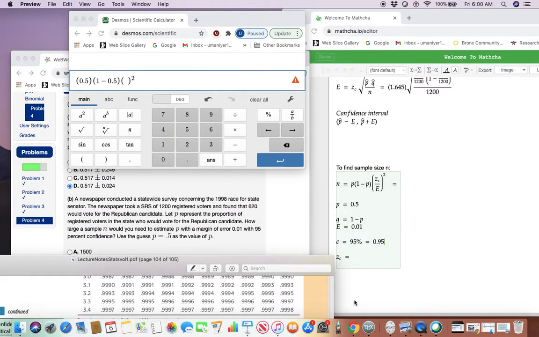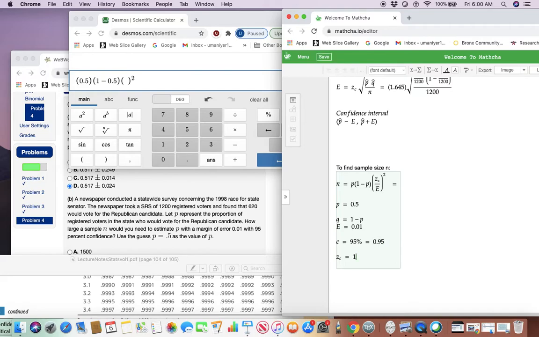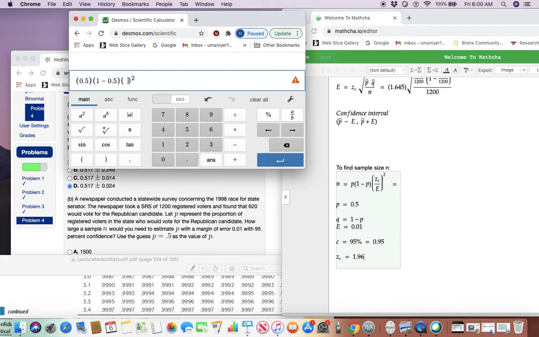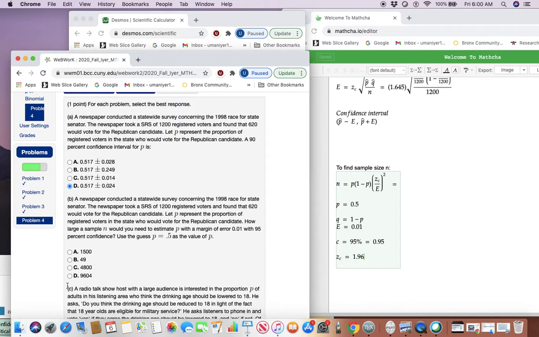I put ZC in there, 1.96 divided by E, 0.01. That gives 9604, which is the sample size I need.